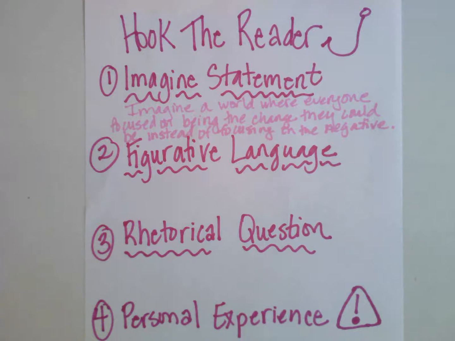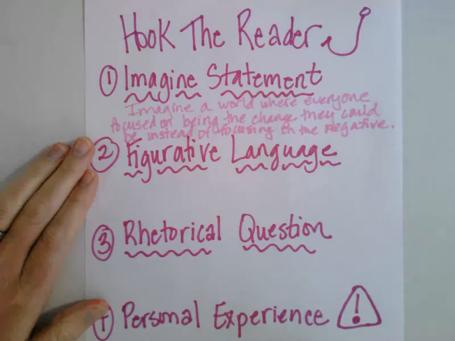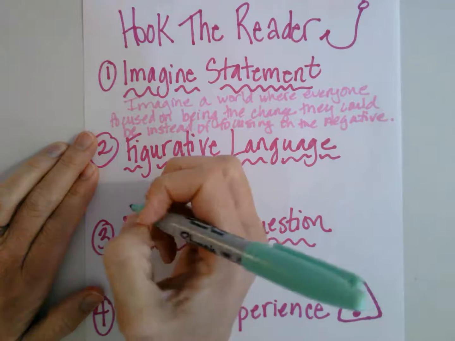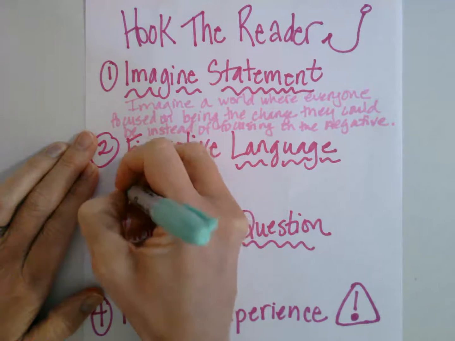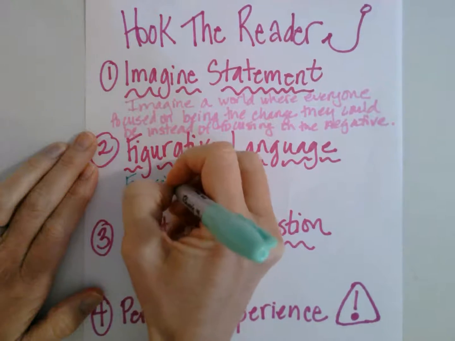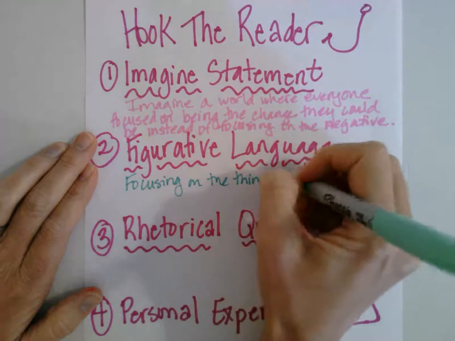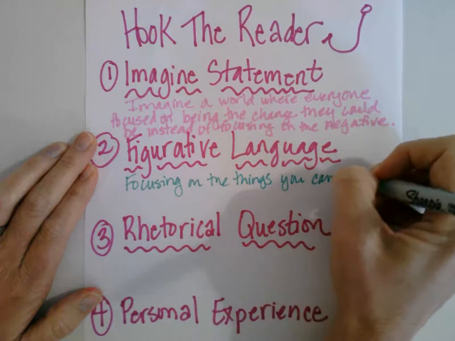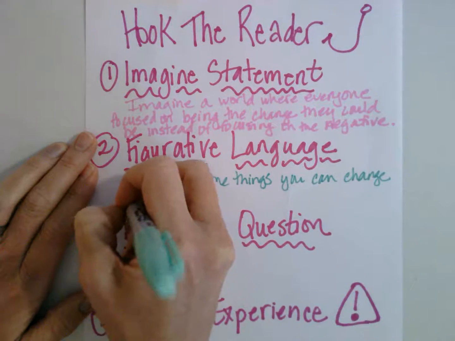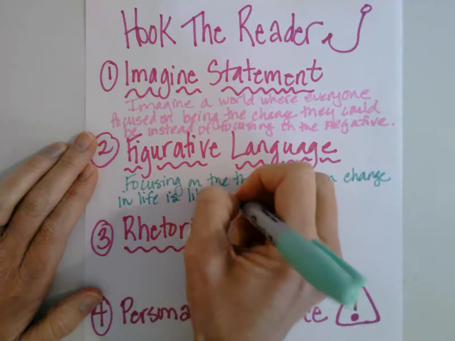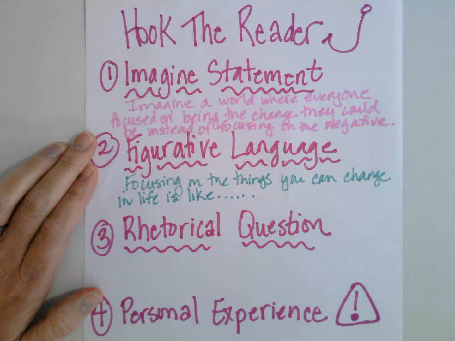The second way you could hook the reader is through the use of figurative language. You could use a simile, or you could use a metaphor, anything like that. So you could say something like, focusing on the things you can change in life is like, and you could continue with a simile, or you could change this into a metaphor.